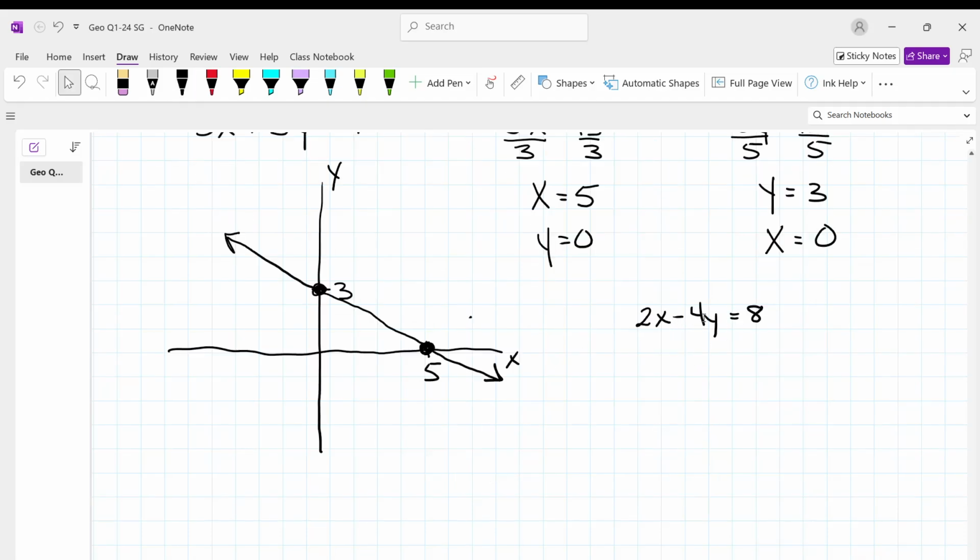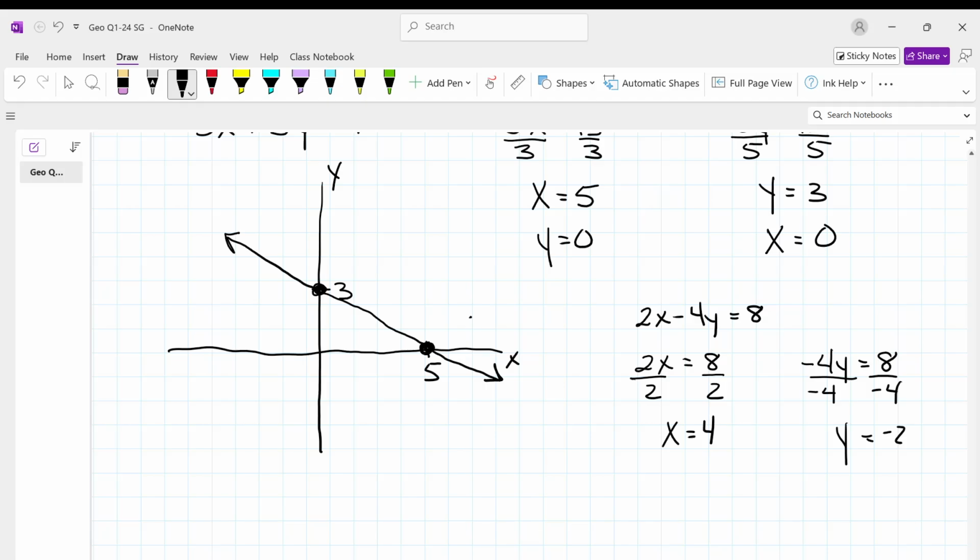Our two equations, one of them would be 2x is equal to 8. The other equation would be negative 4y is equal to 8. Solve both equations. We get an x that's equal to 4, and a y that's equal to negative 2.